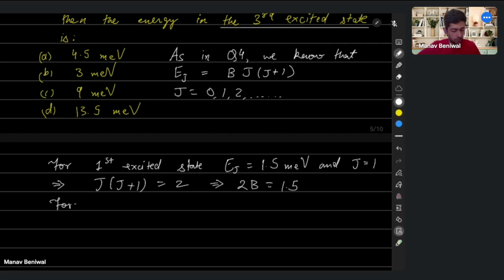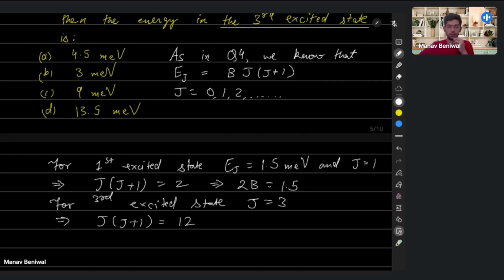Now for the third excited state, we don't know EJ, but we know that J is 3. So J times J plus 1 is 3 times 4, which is 12.